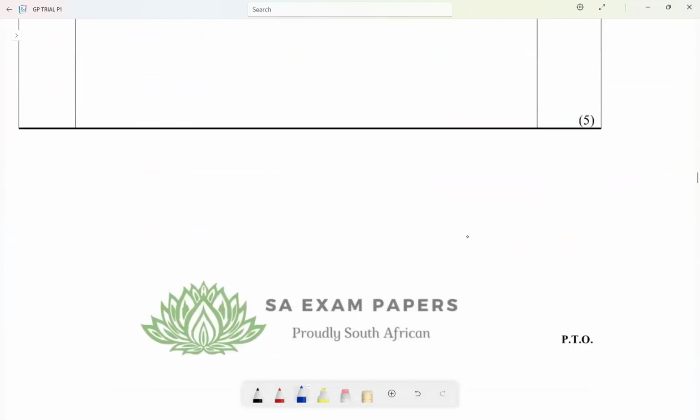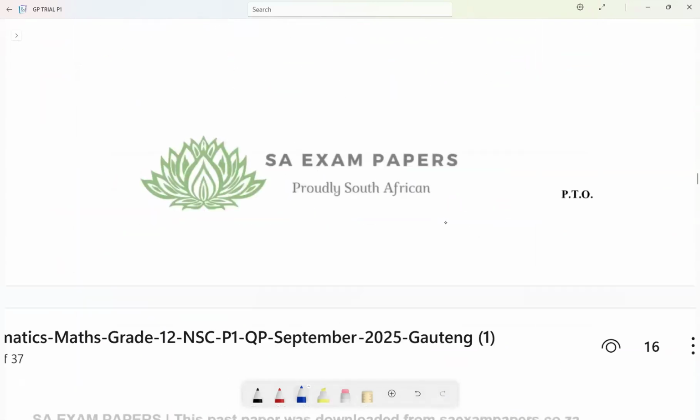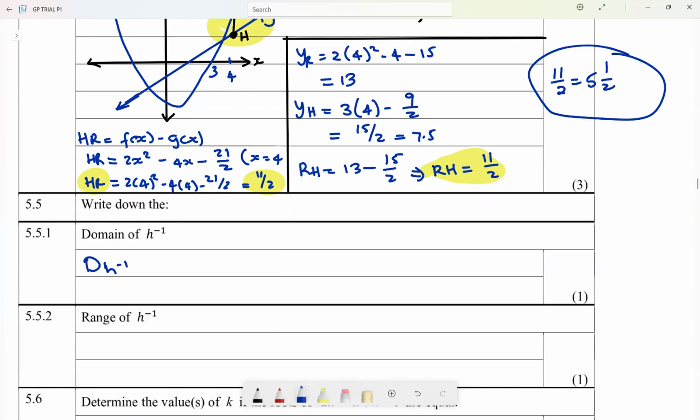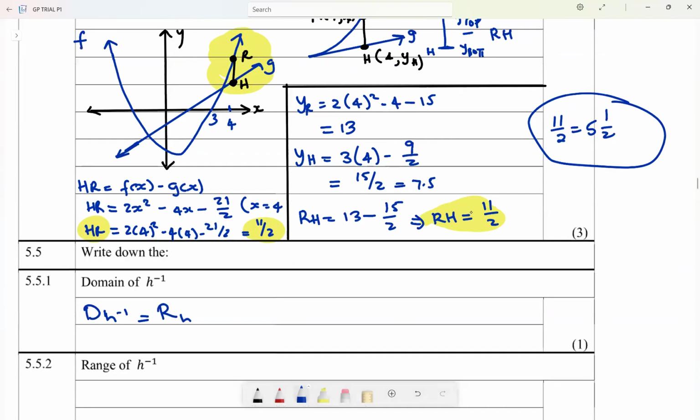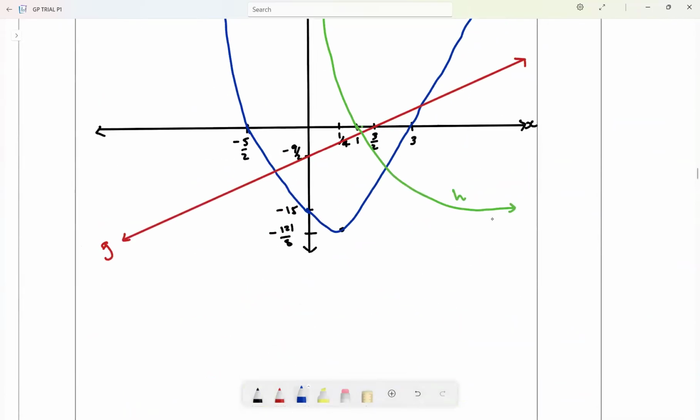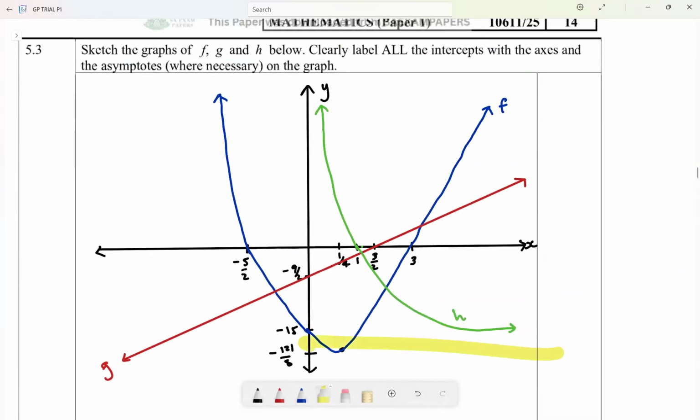We do not have an inverse function here, but I can translate it to the range of H. Let's check: what is the range of H? The range of H starts from negative infinity, the values of y, and it goes all the way to infinity.